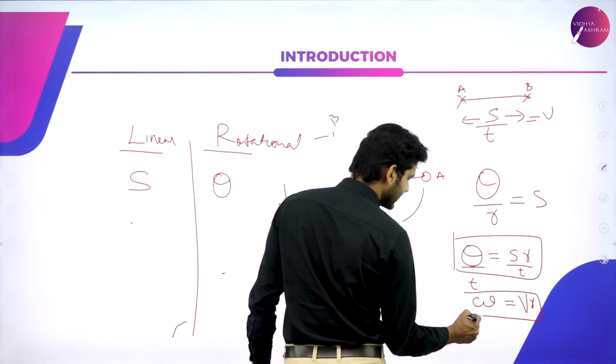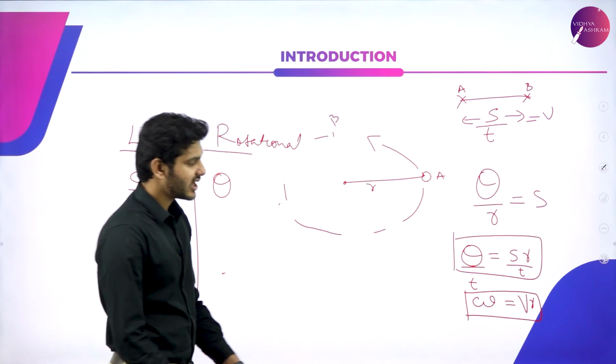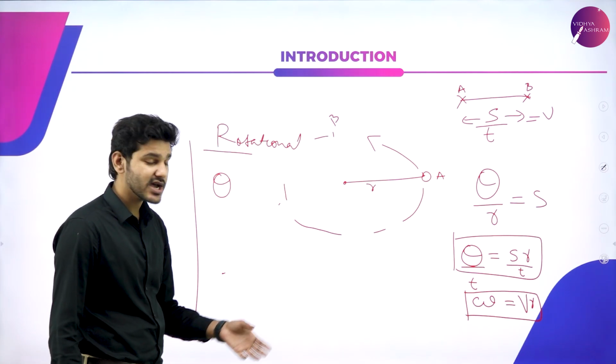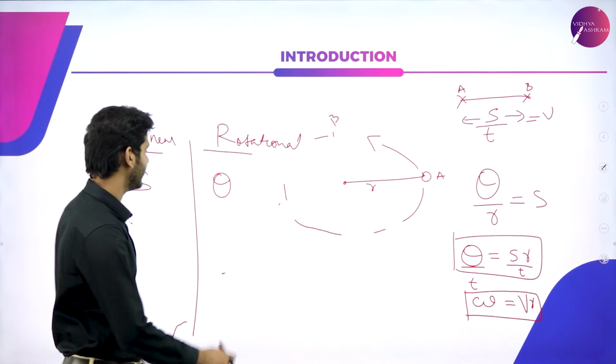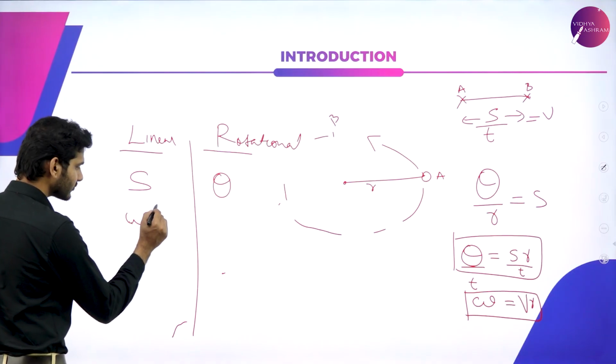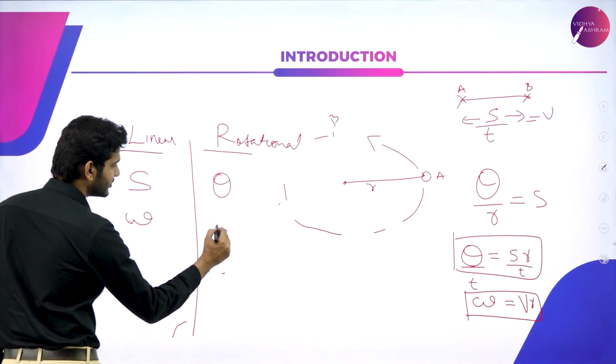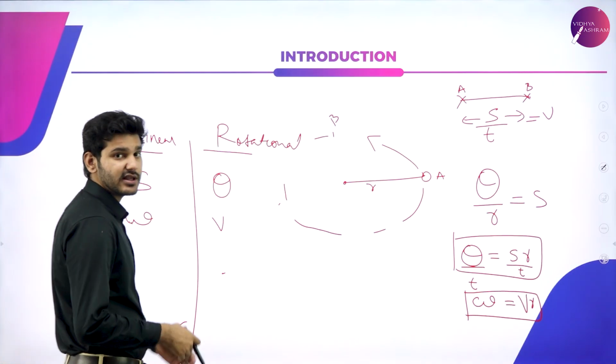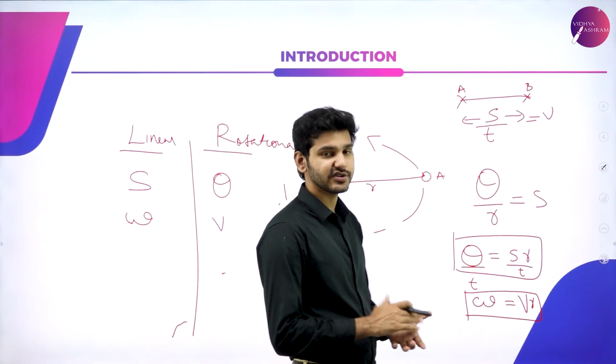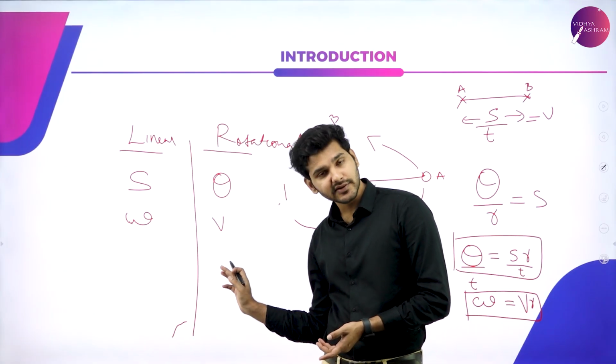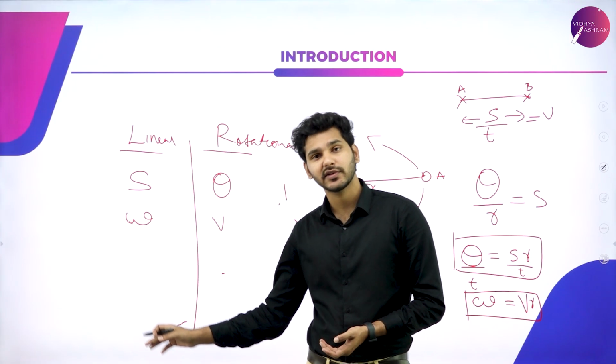So this is one more relation: linear velocity V is equal to omega times R. Analogous to linear velocity, we have angular velocity.